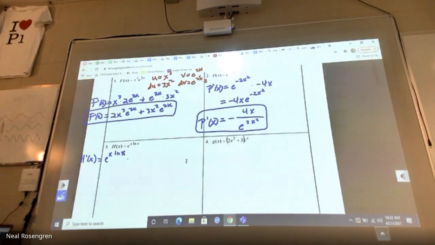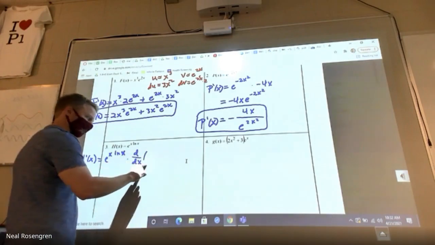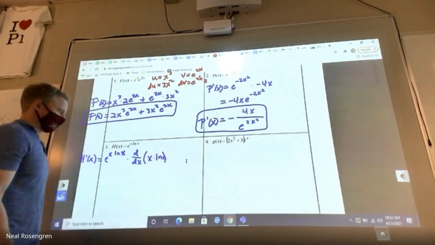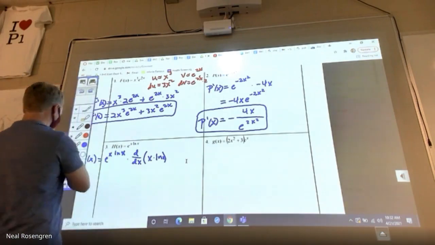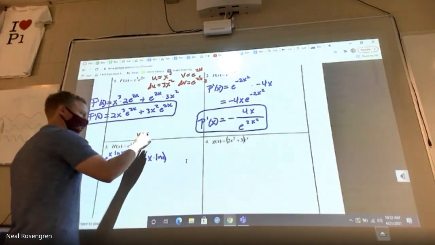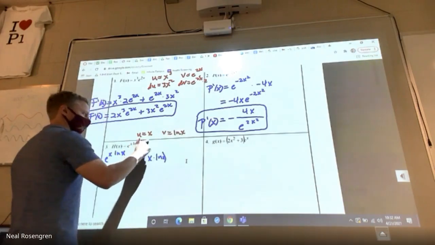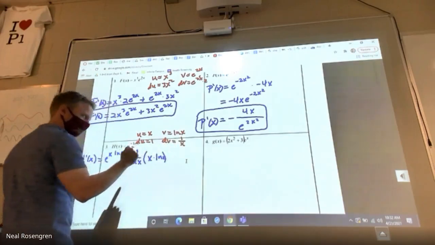e to the x ln of x, that's a product. I'm going to take my time here and just say, here's what I'm going to do. e to the x ln of x times the derivative of the exponent. I'm just going to slow myself down here for a second so I can do u and v. u is x ln of x, v is 1 over x.